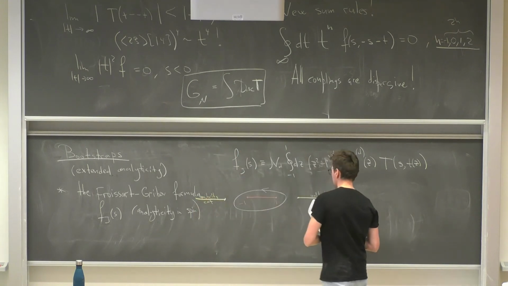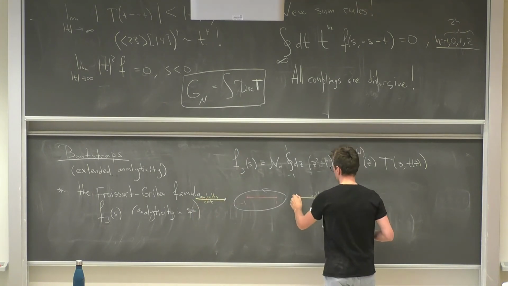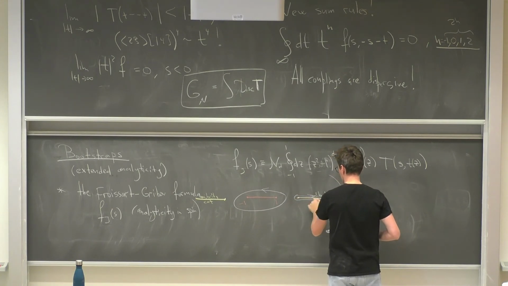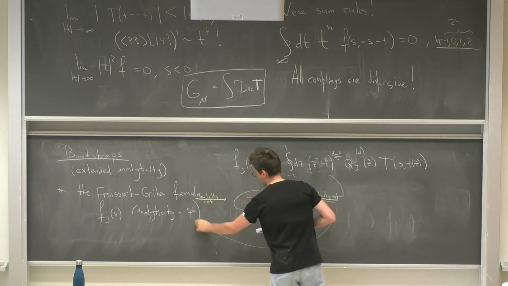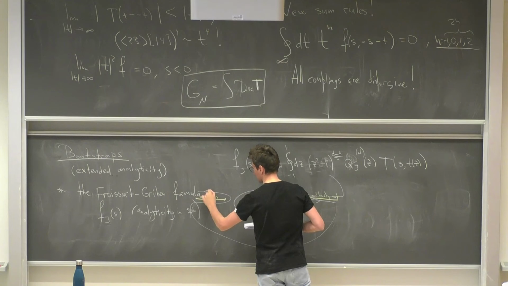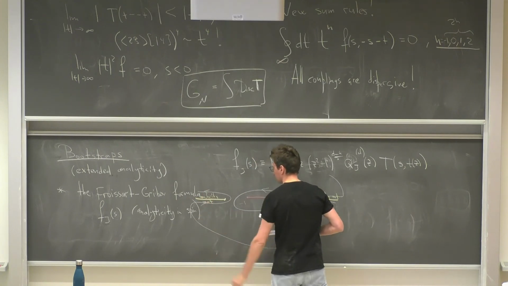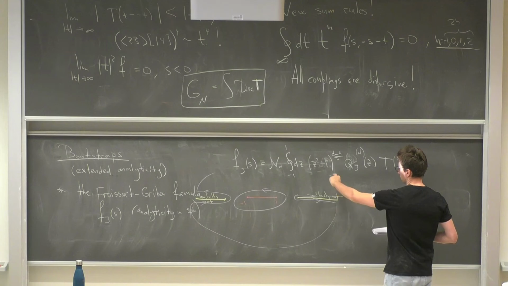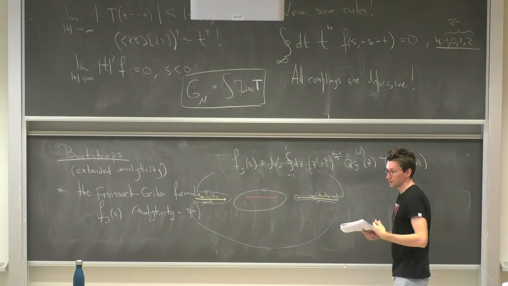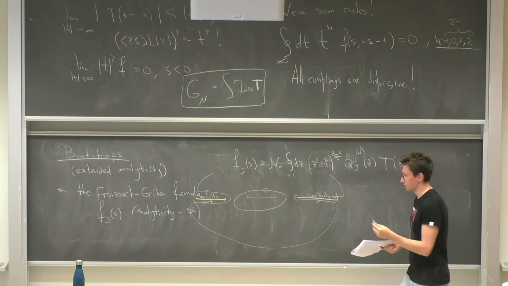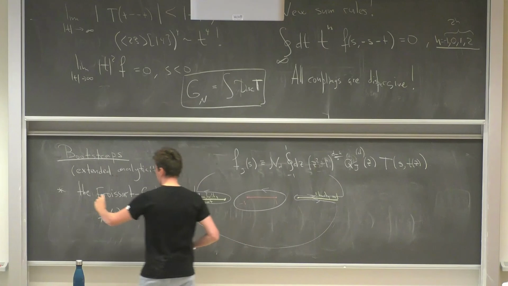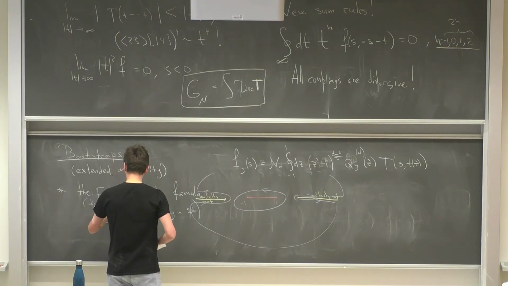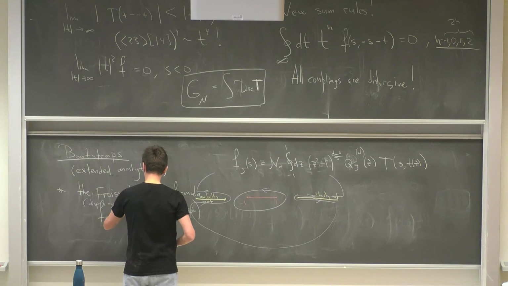Instead of doing this, you deform your contour, similar to the dispersion relation. And if you're lucky, you can drop the contour at infinity and get a dispersive representation of partial waves. So the Froissart-Gribov formula is a dispersive representation for partial waves.